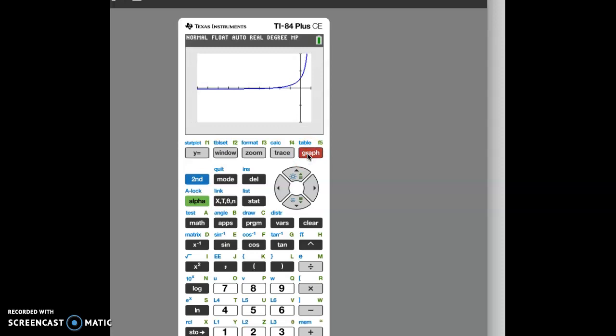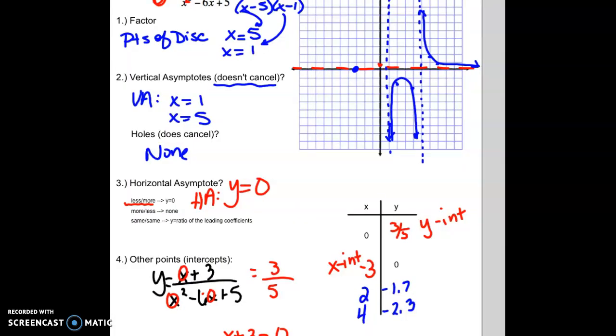You can kind of see our blue graph here is just underneath the x-axis, and then it crosses here at negative 3, which we knew was our x-intercept. So our graph should be coming down here, going through our y-intercept, going through our x-intercept, and then leveling off just underneath that horizontal asymptote.